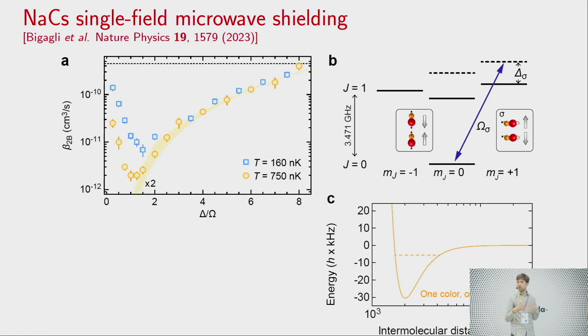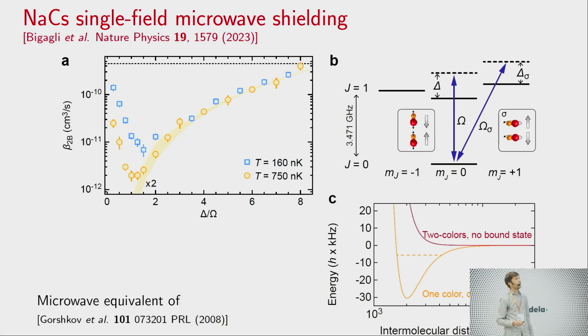And once you have that, you can have 3-body collisions that cause recombination into that bound state. So the idea for dealing with this is just add another microwave field, which is linearly polarized, and we use this to compensate, to cancel that dipolar interaction outside the shield.